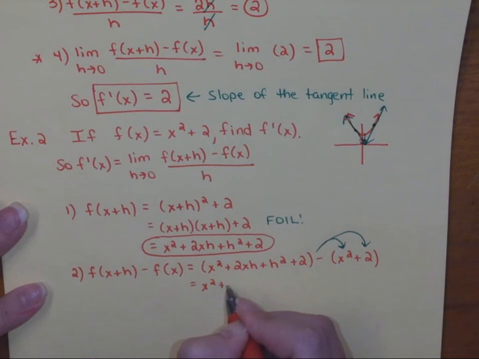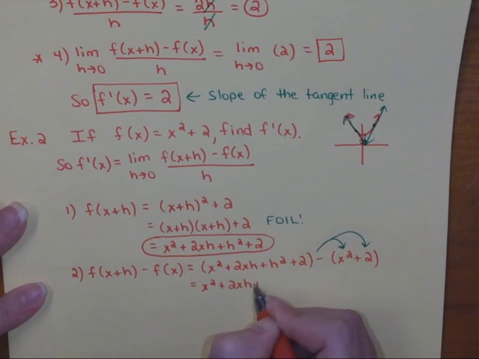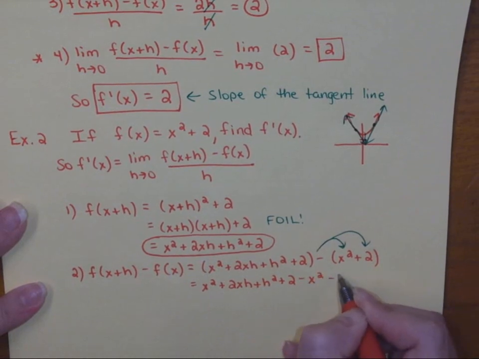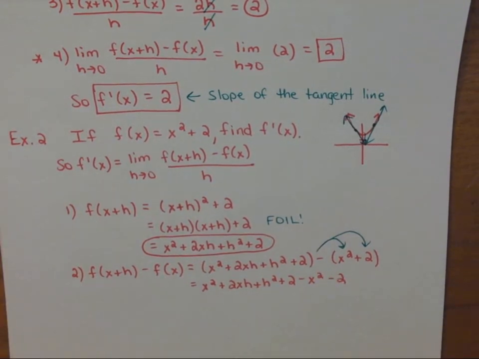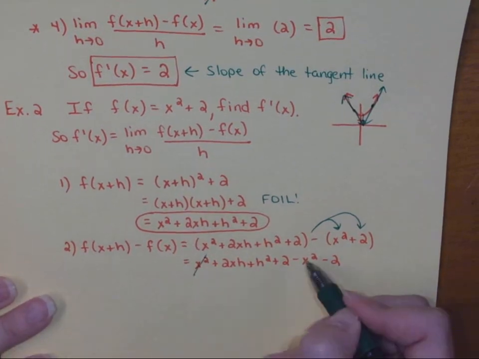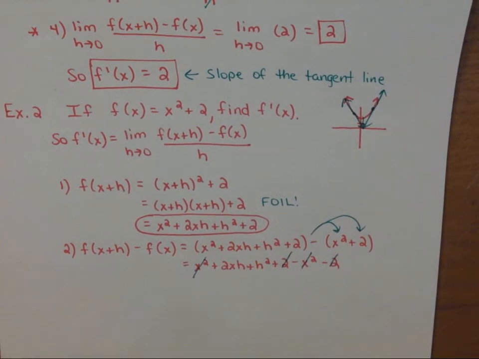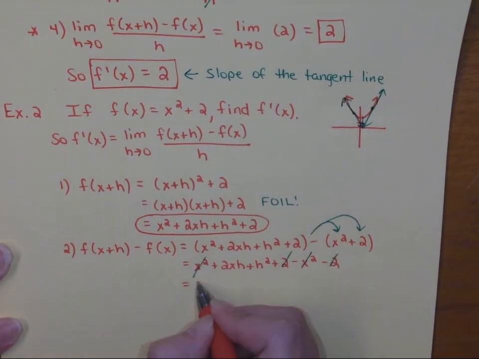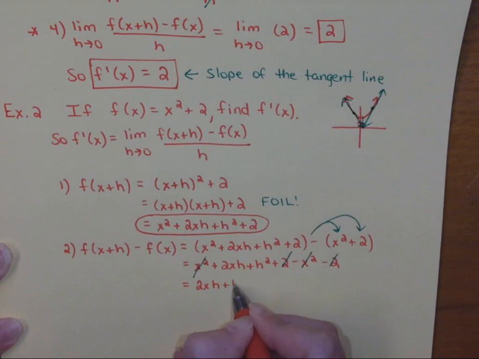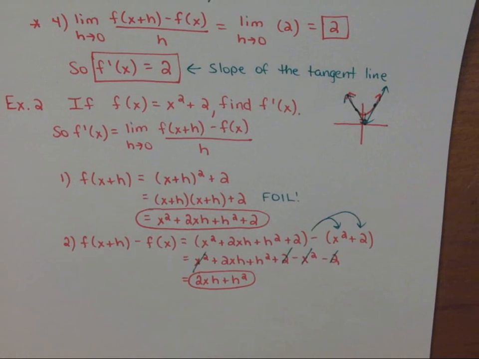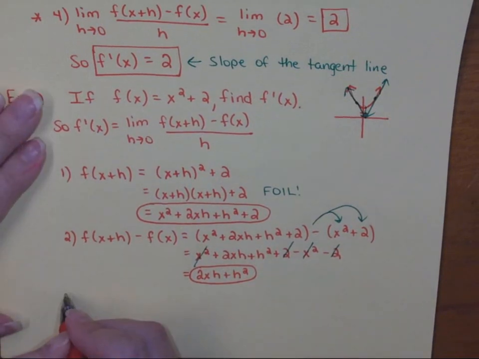So we get x squared plus 2xh plus h squared plus 2 minus x squared minus 2. So in this step, you're almost always going to get some terms to cancel out. So x squared minus x squared is gone. 2 minus 2 is gone. And what's left is 2xh plus h squared. Okay, so that's step number 2.